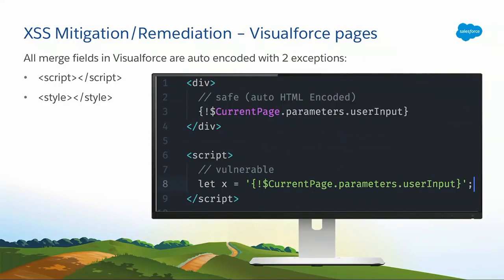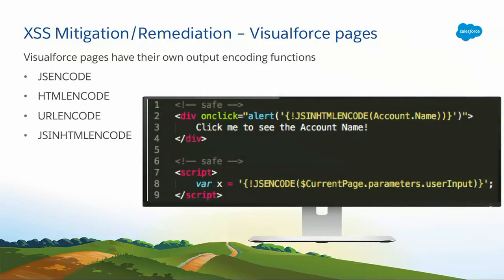The bottom one, however, if I take a current parameter from the page, something that the user is inputting, and I assign it to a variable in JavaScript, that's dangerous, and that is susceptible to cross-site scripting injection. The top here, where we have current page parameters inside a div tag, that's going to be automatically escaped for you, so you don't need to call any special properties there.